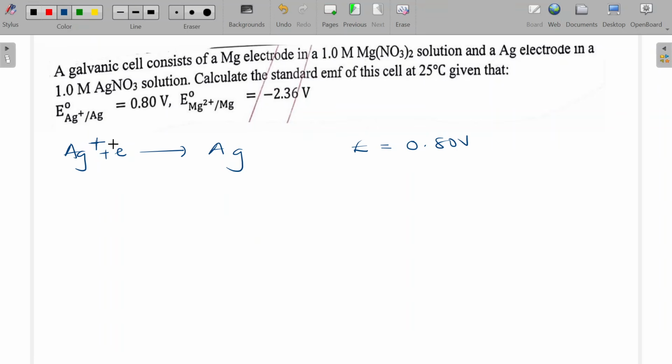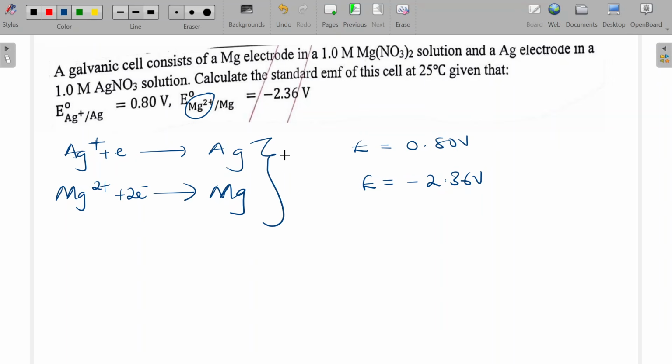Then here again you have magnesium 2 plus, being converted to magnesium, and the E cell is equal to negative 2.36 volts. Then here there are 2 electrons which have been transferred. So now when you have this, you've seen that both of these reactions are both what? Reduction.